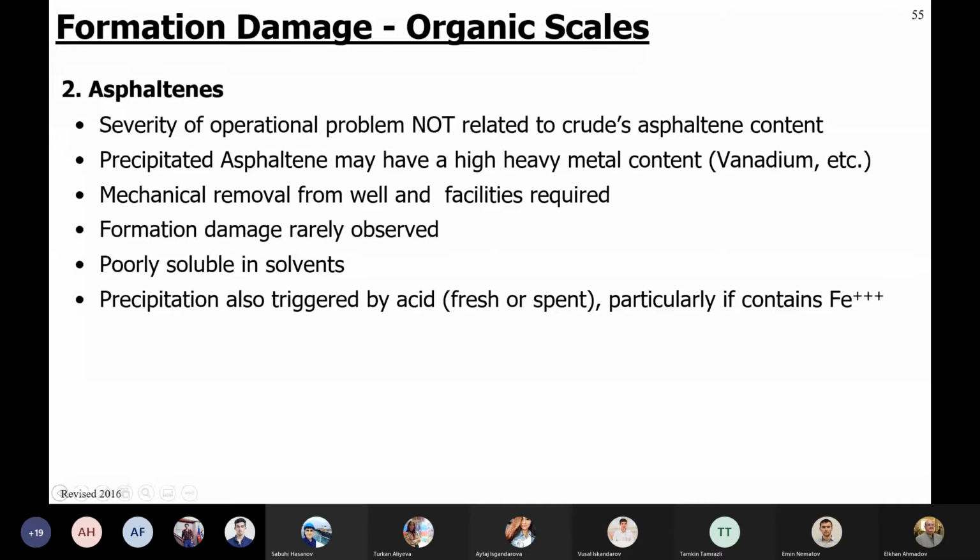It is rarely observed in the reservoir, in the formation, but possible, as we said before. And also it's poorly soluble by solvents, by any chemical compositions, and even worse, these precipitations may be triggered by acids, particularly if they contain ferrum, iron ions.